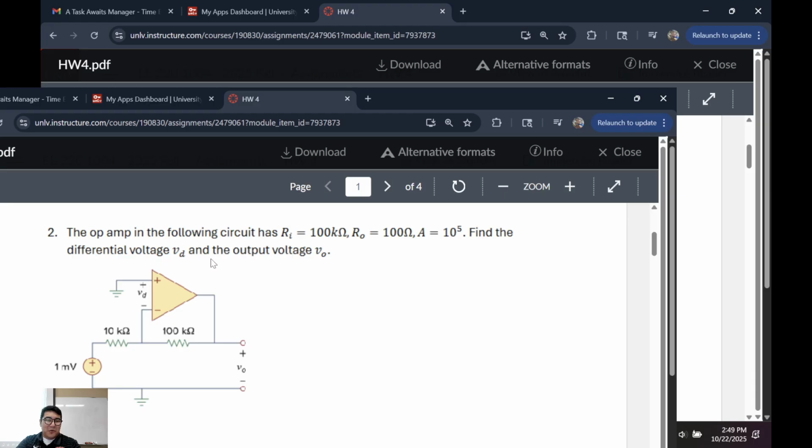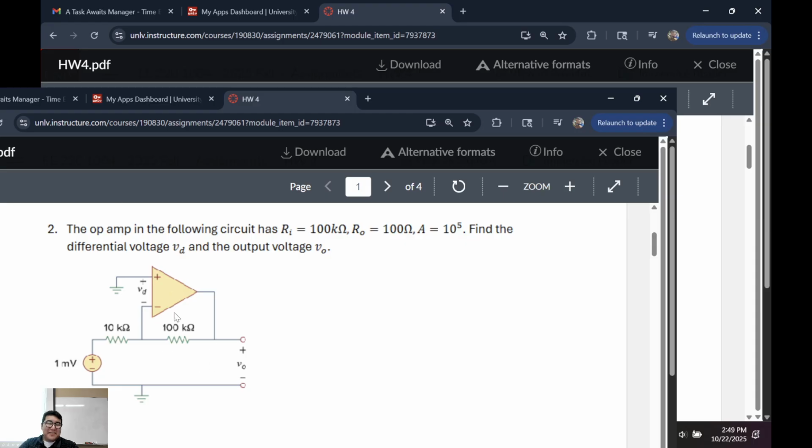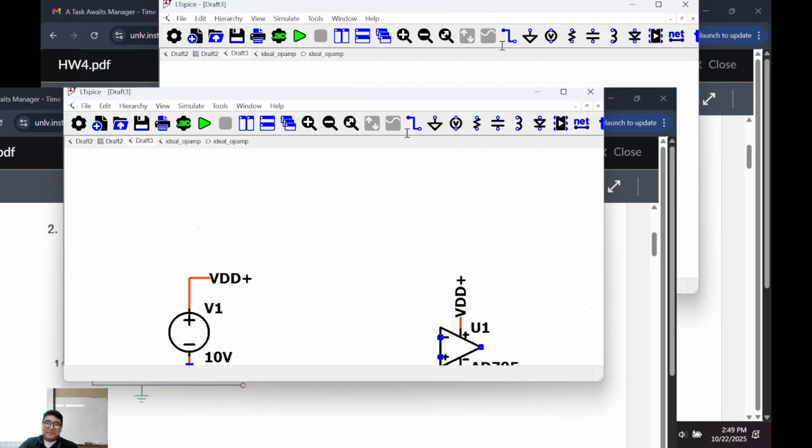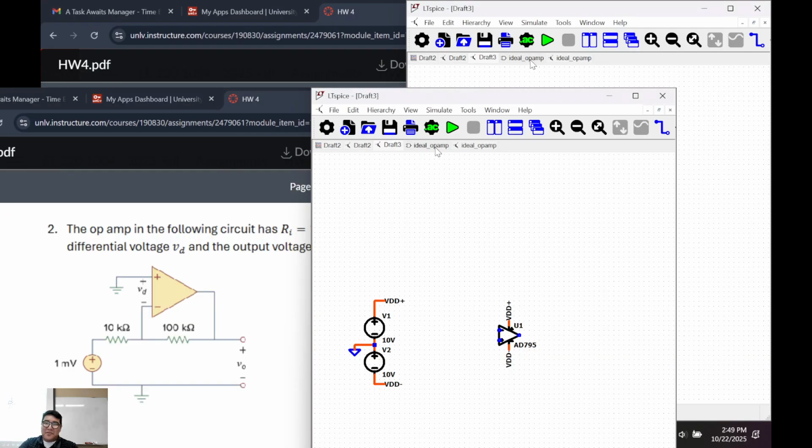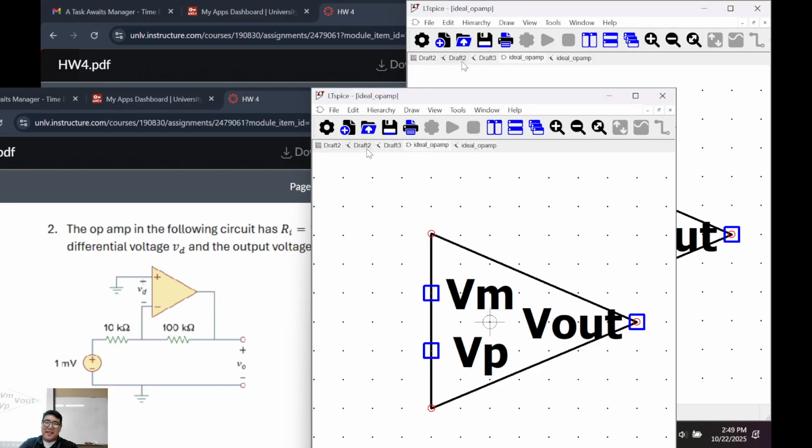Find the differential voltage and the output voltage. A is equal to what? I think I need to give you guys a model for this. Let me see. Hold up.